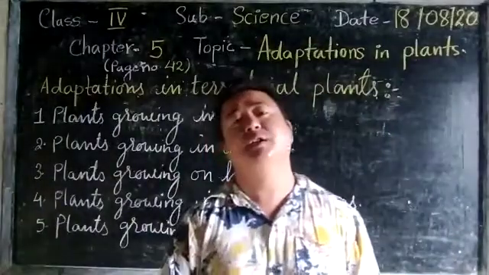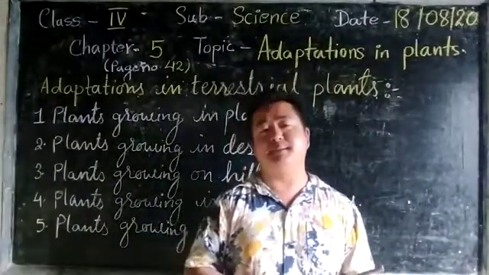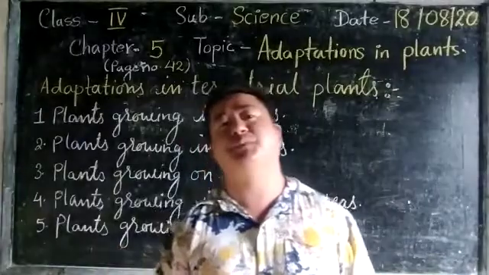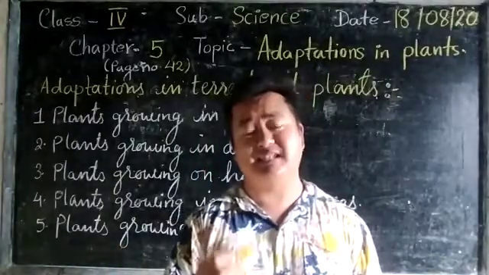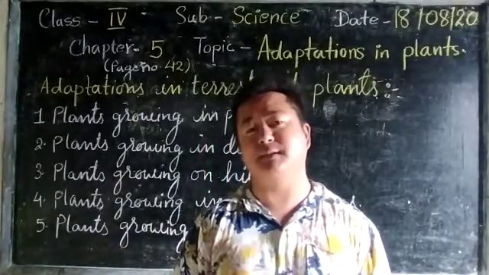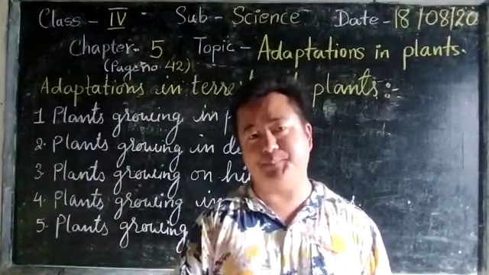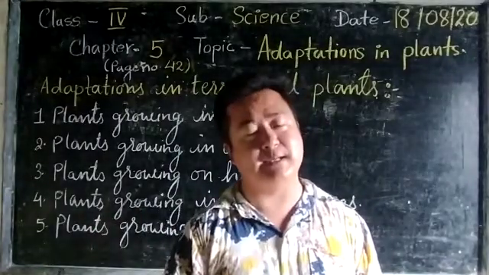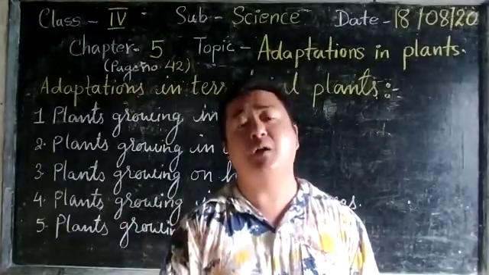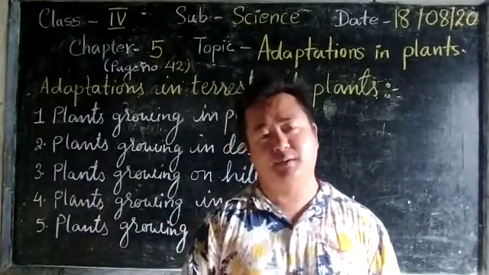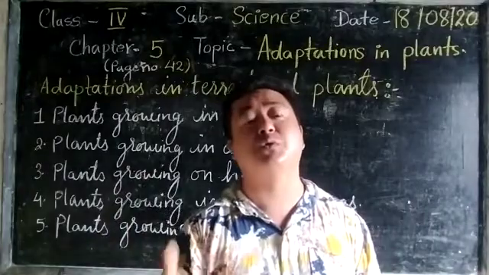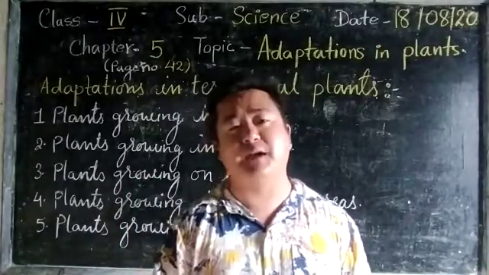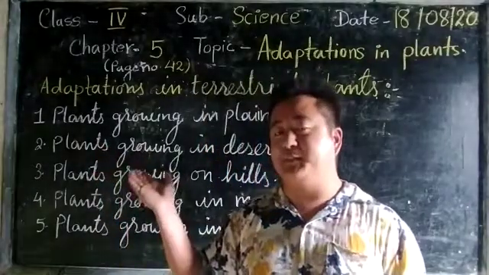The term desert, you already know, is a vast land which receives very little rainfall. It is a dry region, and the soil here is very sandy. So how do the plants adapt and survive in this type of region?